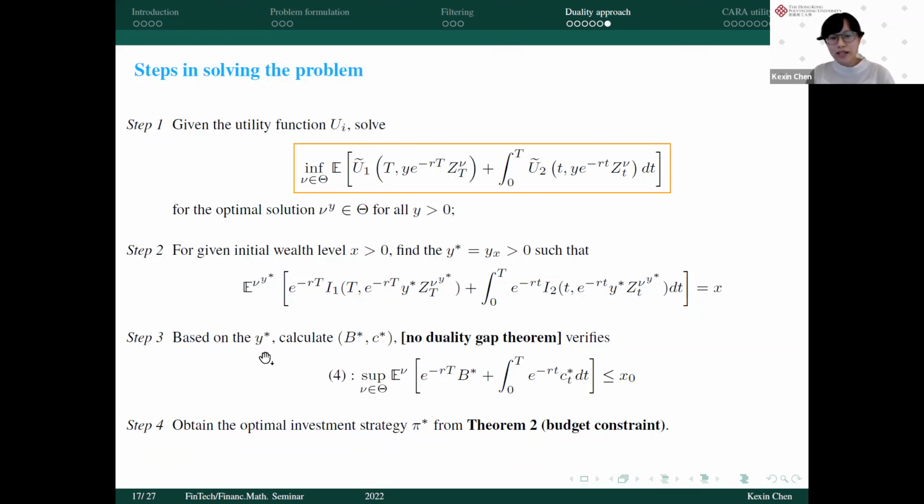Based on this y star, we calculate b star and c star, and the duality gap theorem further verifies that this pair will satisfy the budget constraint. And finally, we obtain the optimal investment strategy pi star from theorem 2. So these are the steps.